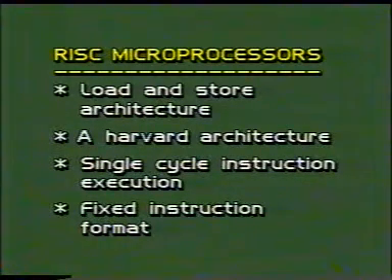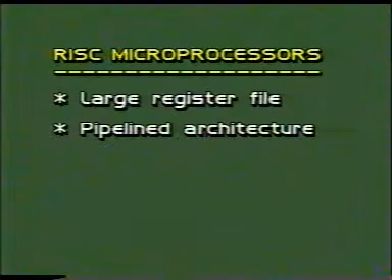Single cycle execution of most of the instructions. A fixed instruction format, a large register file, pipelined operation in fetch and execution operations, operating at 200 megahertz, providing throughput up to 400 MIPS.